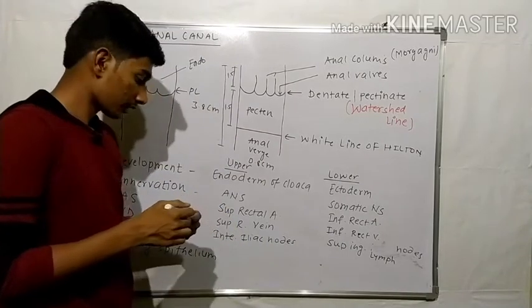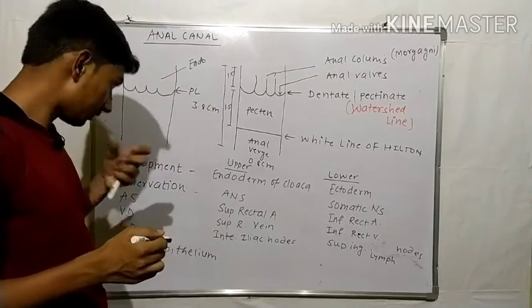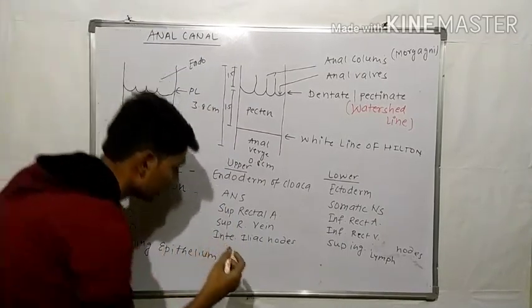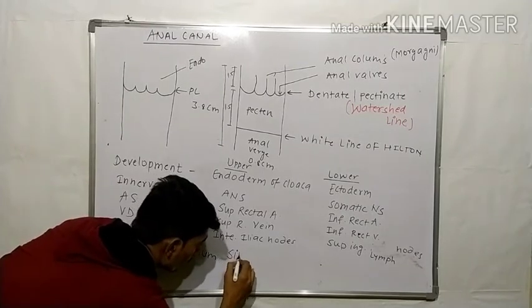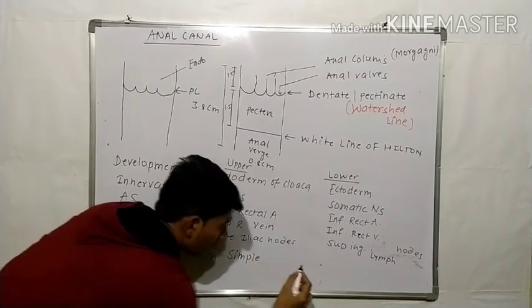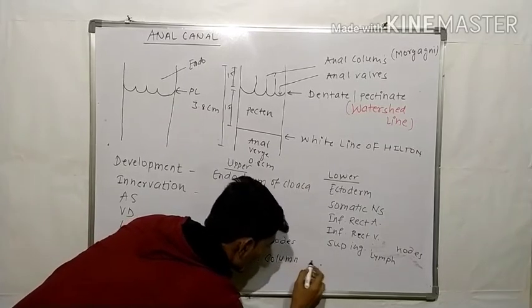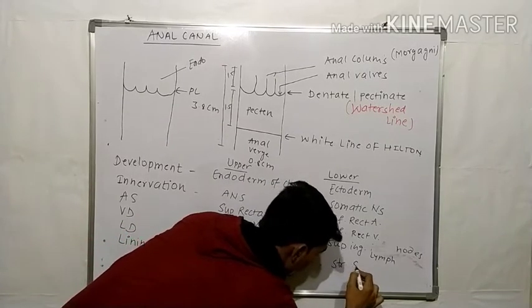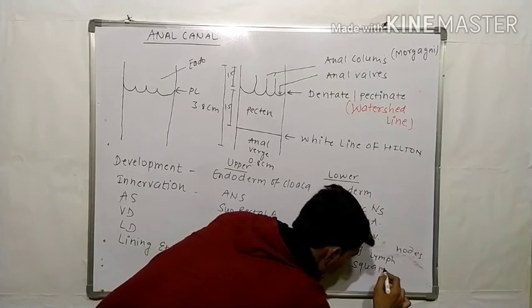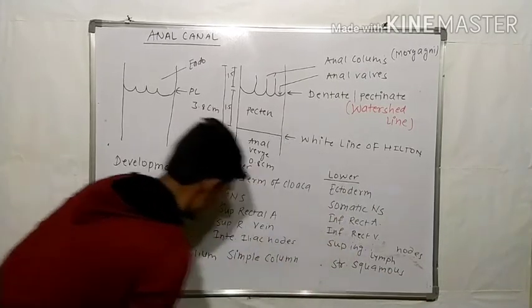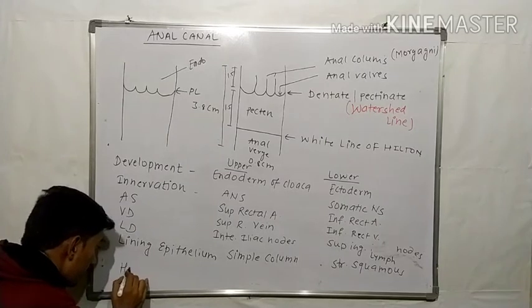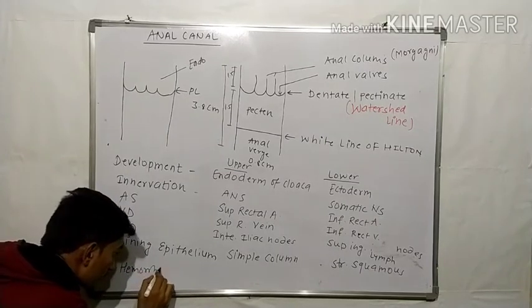Okay. Now, lining epithelium above the pectinate line is simple columnar epithelium, and below that it is stratified squamous epithelium.